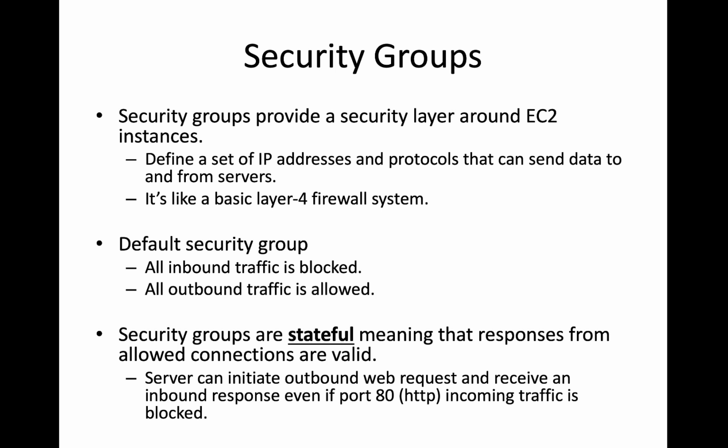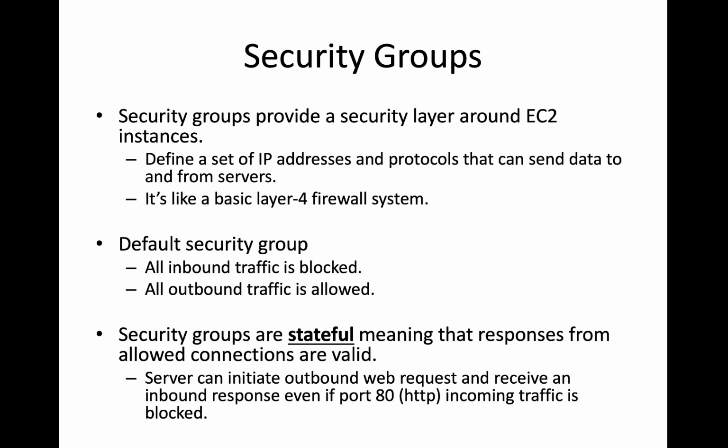And that firewall system is going to determine who can access that server over what ports. We can do the same thing with EC2. Instead of configuring a firewall, we're going to configure a security layer around our EC2 instances called security groups.